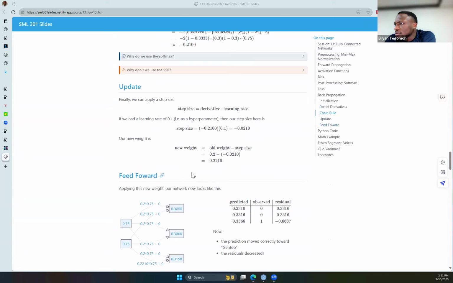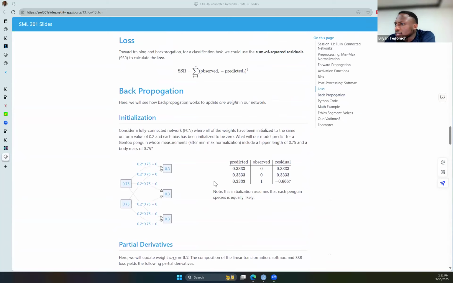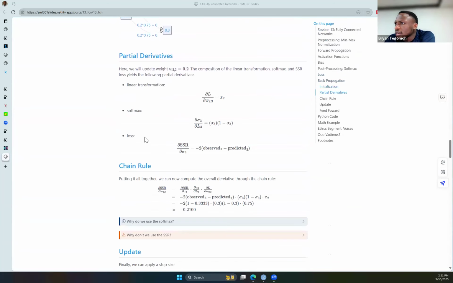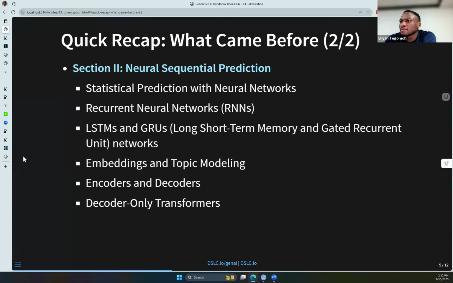I also saw something you shared regarding softmax, which might be relevant when we start talking about tokenization, this whole idea of not getting to a point where we have so many tokens that we have a limit to what we can compute or put together. I thought that was a very insightful slide, so I just wanted to share that. The link is there for those who would like to review that.